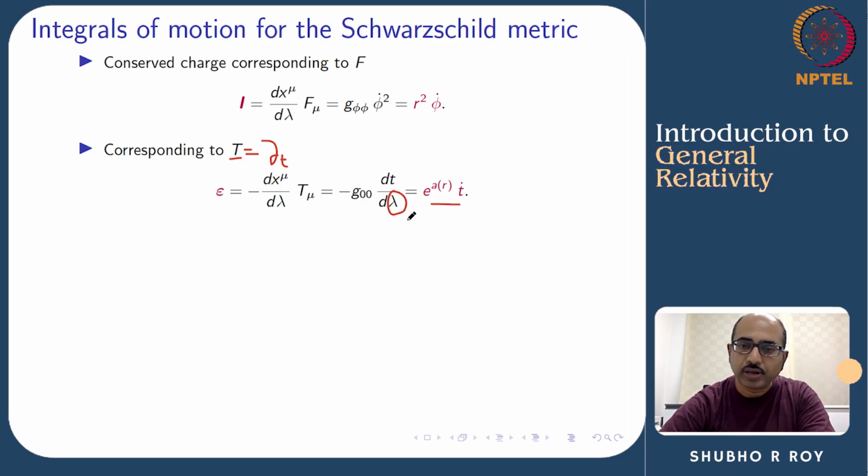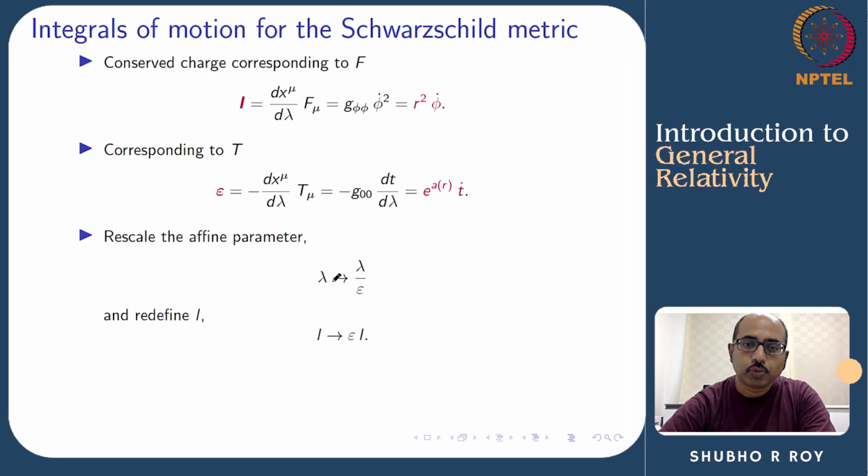Remember, lambda is an arbitrary affine parameter. So in some sense, these epsilon and L are completely dependent on parameterization. Now, in the case of timelike geodesics, there was a special parameterization, the timelike proper time parameterization, in which these have some physical meaning. However, for the lightlike case, there is no preferred parameter, so this is completely ambiguous.